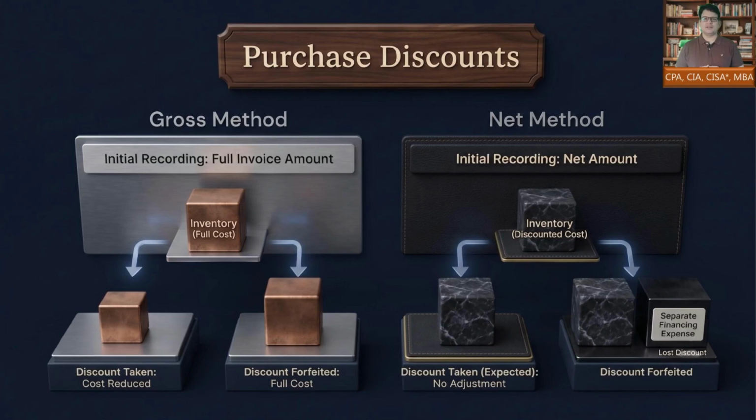Under the net method, inventory is recorded net of the expected discount. If the entity pays late and loses the discount, that lost discount is recorded separately as a financing type expense, not as additional inventory cost. Conceptually, the net method is cleaner, but the gross method is very common in practice because it is simpler.